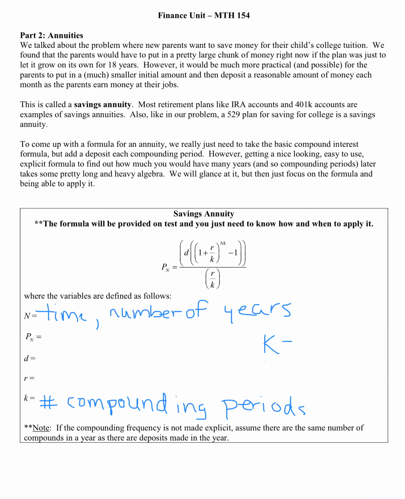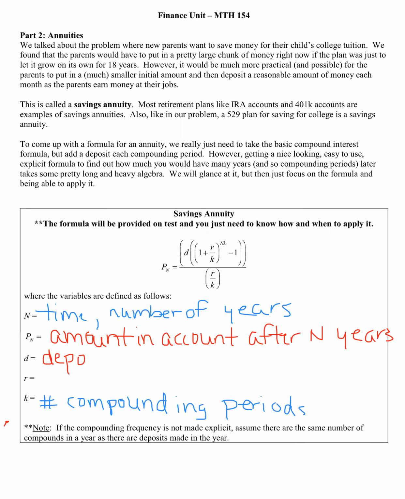All right. So then we have a couple other variables here. So your PN is now the amount in the account after N years. So if you're saving up for something, it's that total amount that you're then going to draw from. D is your deposit amount, and that's a recurring deposit. So you're not just doing this one time, you're doing it recurringly.